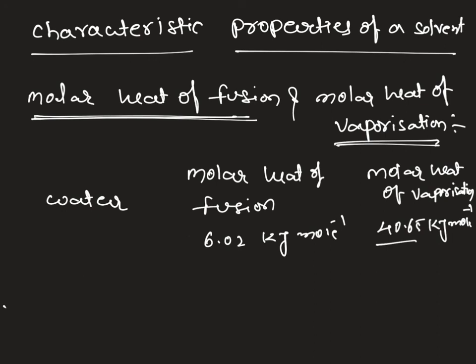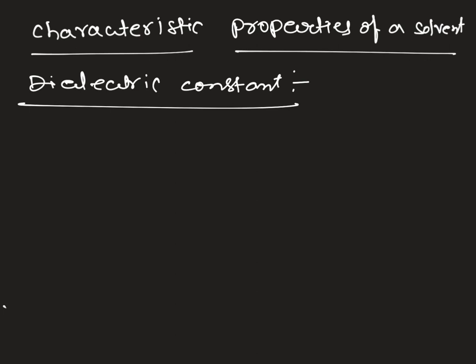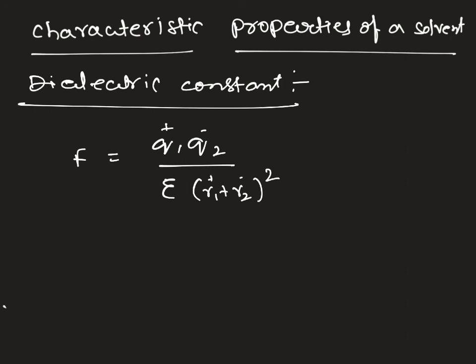The last one is dielectric constant. Mathematically, the Coulombic force of attraction between the two ions, cation and anion, is given by F equals Q1 Q2 divided by epsilon, the dielectric constant, times (R1 plus R2) whole squared. Q1 and Q2 are the charges of the cation and anion, and R1 and R2 are their radii.